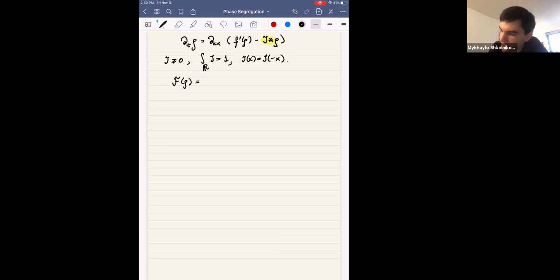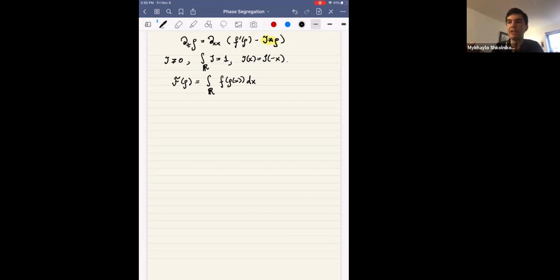Okay, so consider the following functional. It will stand, so F of rho will stand for the energy of some concentration profile in the mixture. And it will be of the following form. So I will have one term where I will be integrating some nonlinear function of rho.